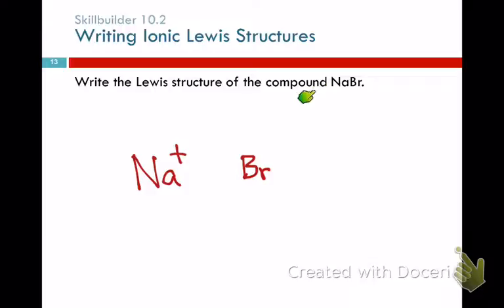Sodium has 1 electron and it loses it. Bromine is actually bromide, so it's a -1 charge. So you'll end up getting the 7 for bromine, and then 1 more because of the negative charge, like that. And then the Lewis structure is just like that.